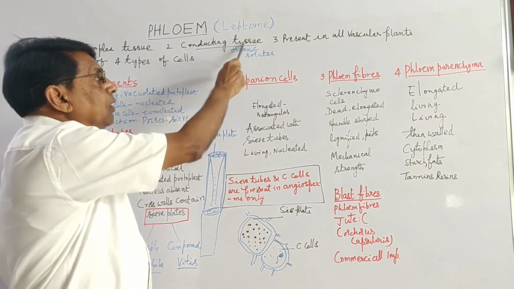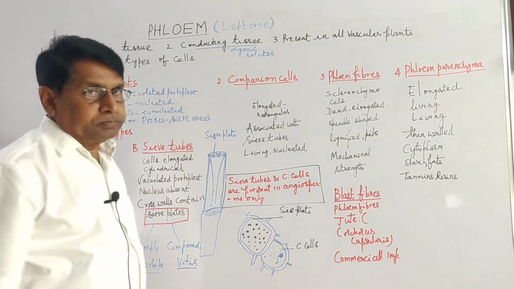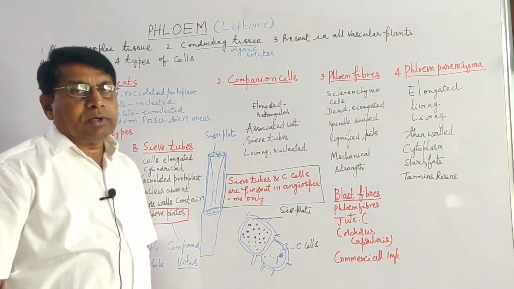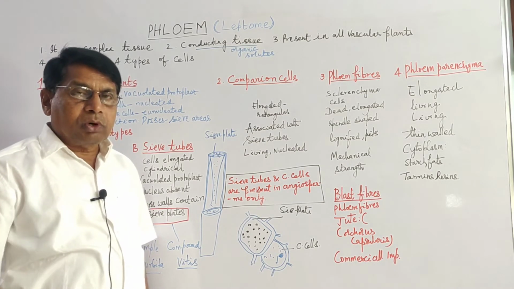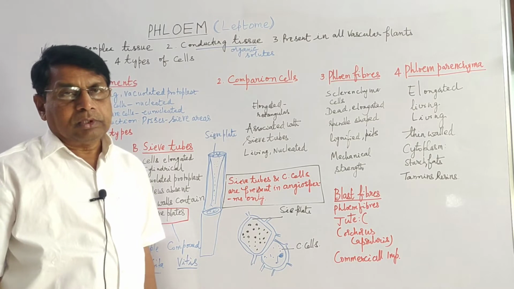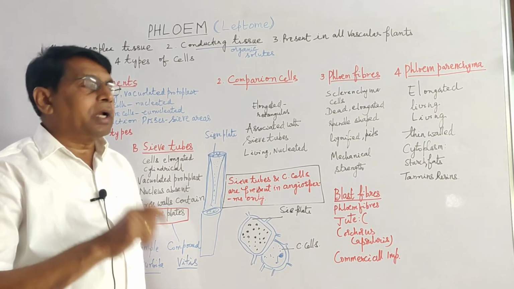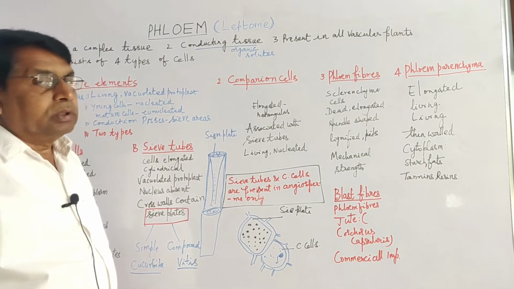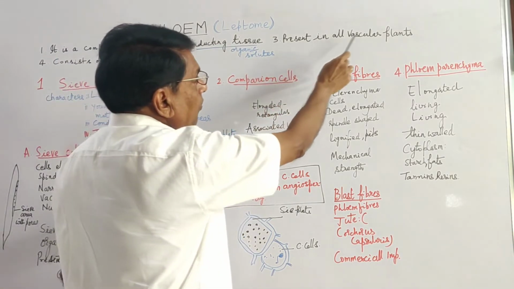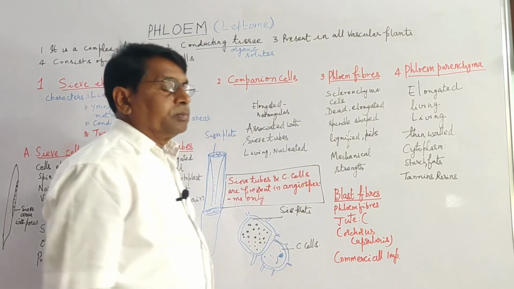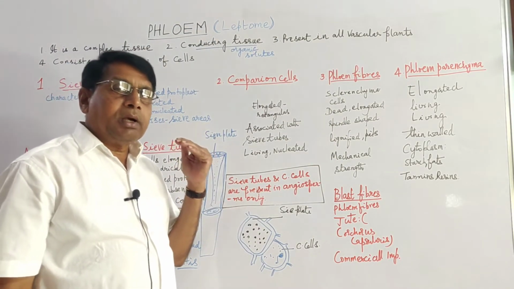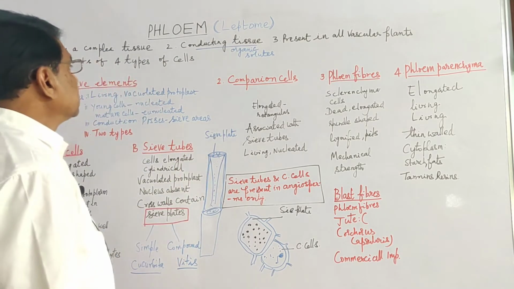It conducts them in the downward direction from shoot system to root system, or sometimes in lateral direction. The phloem is present in all vascular plants, right from pteridophyta, gymnosperms, and also angiosperms.